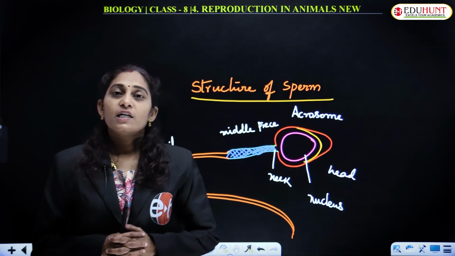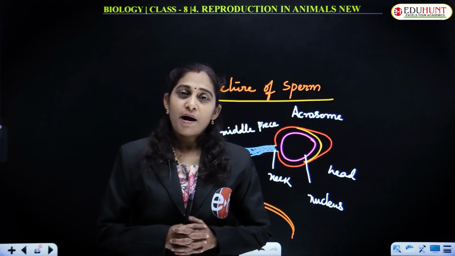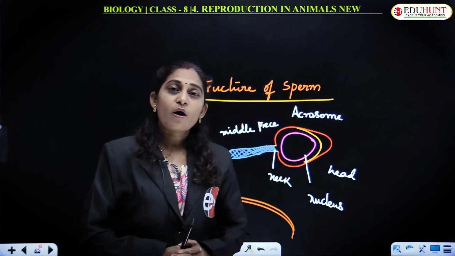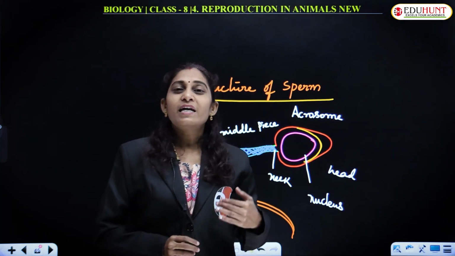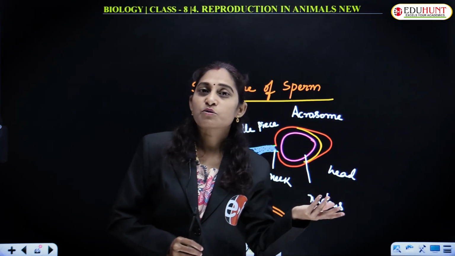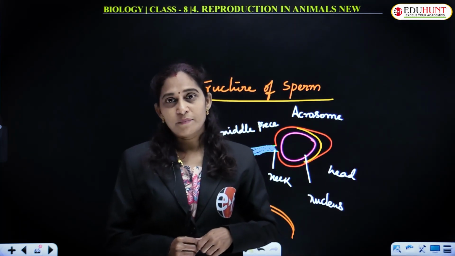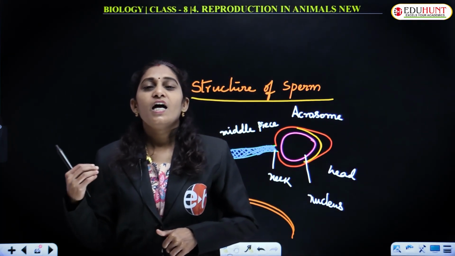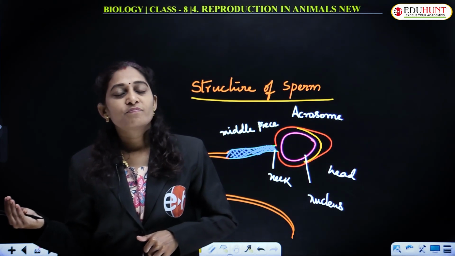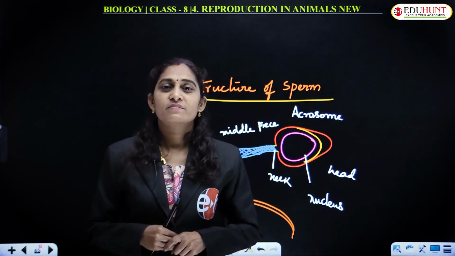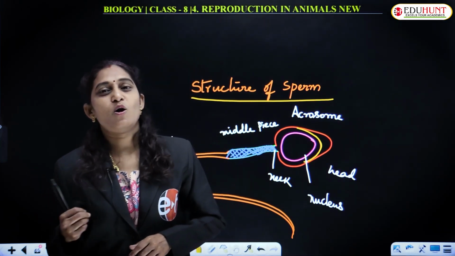The sex cells that participate in fertilization are haploid in nature. The male organism releases sperm, those are the male gametes. And the female gamete is the ovum, which is also a haploid one.